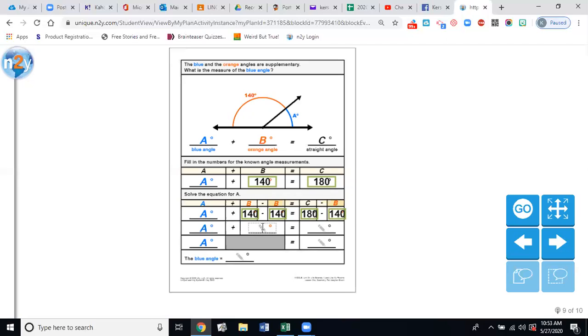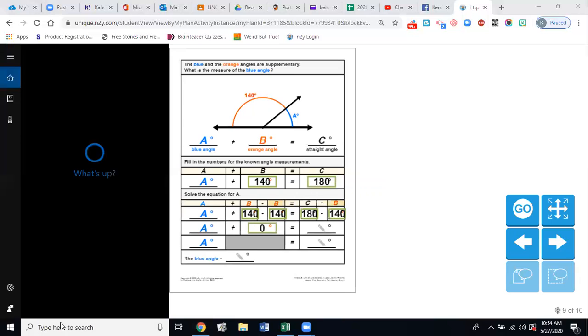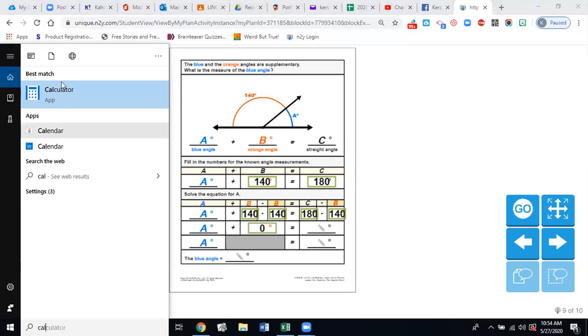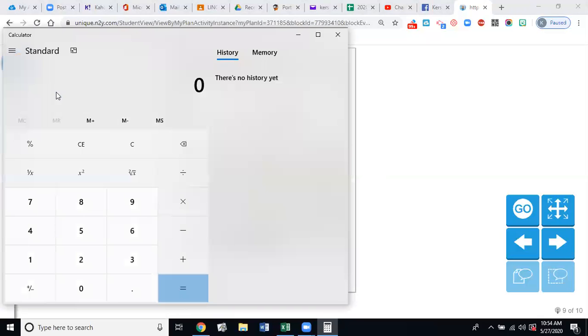So B, 0, 140 minus 140. And then C, 180 minus 140. And you can pull up your calculator here. And then subtract 180, which is C, minus 140, which is B, equals 40.